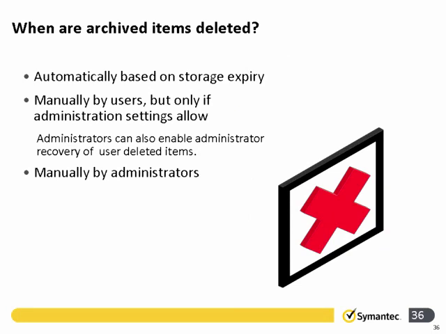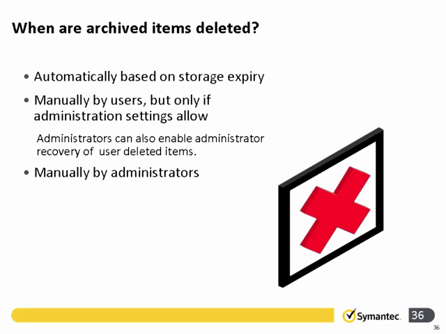Now, just because I've assigned a retention category doesn't mean things are deleted. So when do the items actually get deleted? Well, one way is based upon storage expiry. Storage expiry is going to look at the retention category that we've assigned and, based upon a couple of different variables, determine when to actually delete the items.